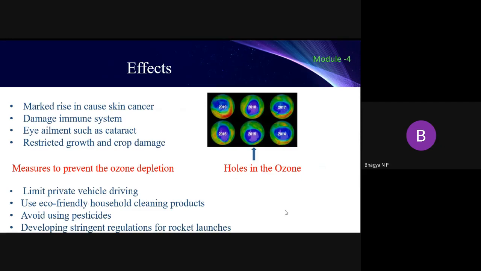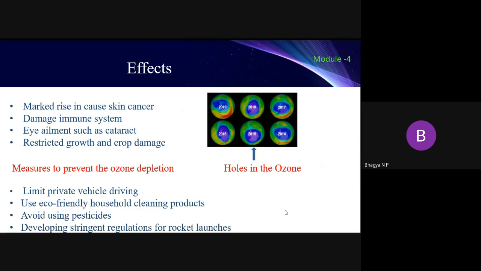And because of this direct approach of sun rays to the earth, sometimes it causes cataracts and eye problems in humans, and also sometimes it restricts the growth of a child.